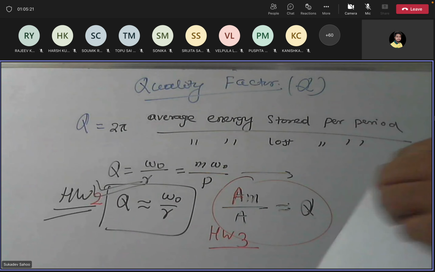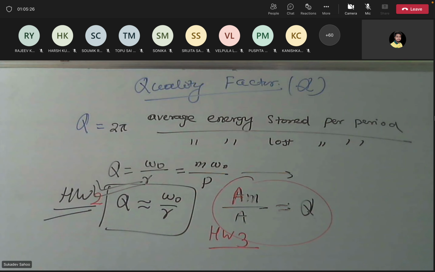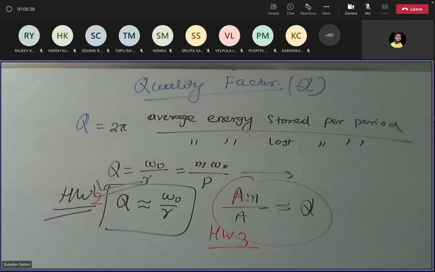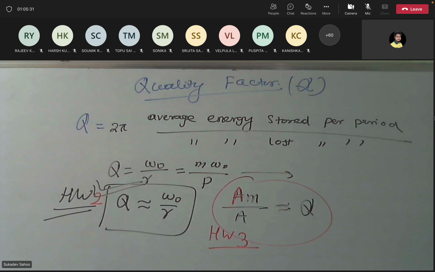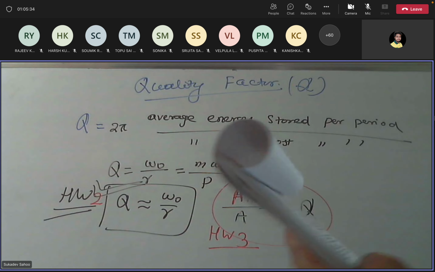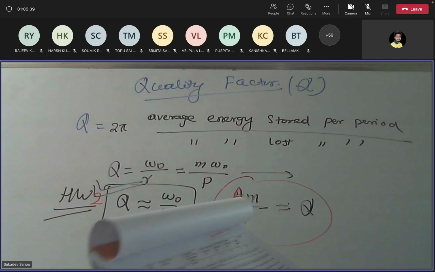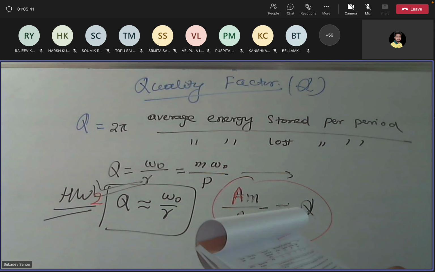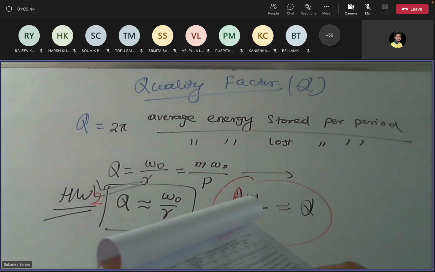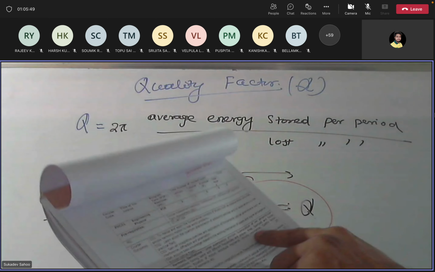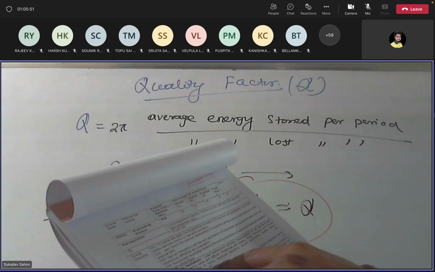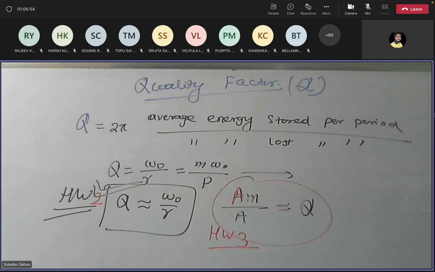Okay, with this, almost your first unit, oscillation and resonance, is completed. You will see in the syllabus: linear superposition principle, superposition of two perpendicular harmonic oscillations having same and different frequencies and phases, damped forced oscillations, equation of motion, amplitude resonance, velocity resonance, then quality factor, sharpness of resonance, etc. Your first unit, that is the harmonic oscillations, is completed.